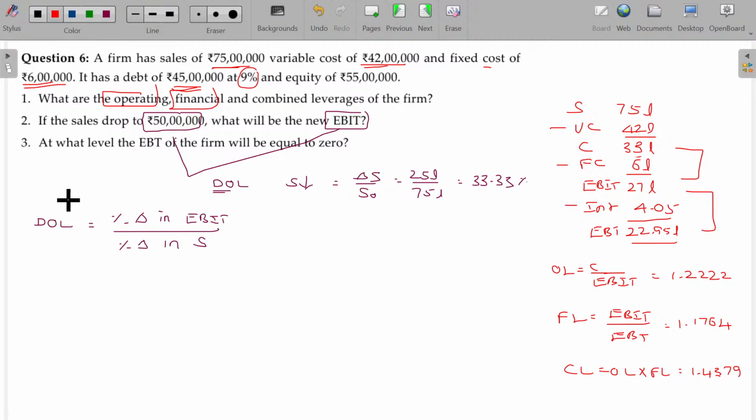Now, degree of operating leverage being 1.2222, percentage change in sales being 33.33, then you can find out this one easily. How much is that? 40.73%. Clear?